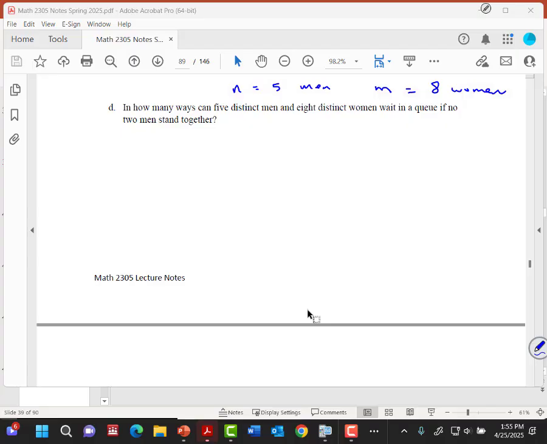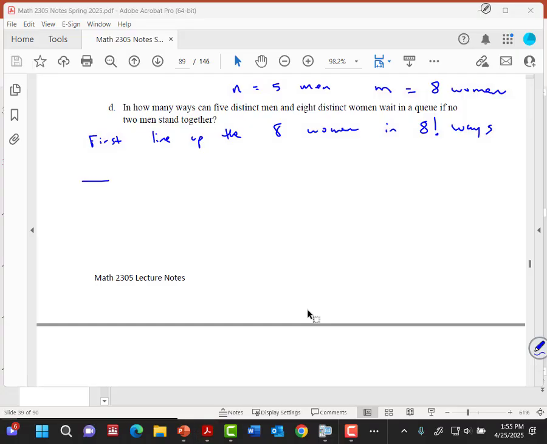Okay, so first let's do this. First, line up the 8 women. Since there's no restriction on how the women can be arranged, I can simply do this in 8 factorial ways. Now I'm going to draw a little picture right here.